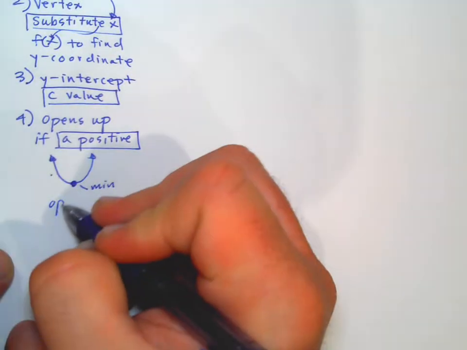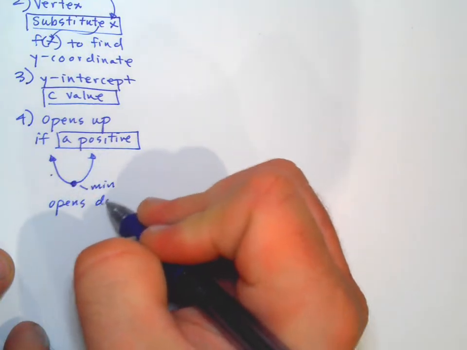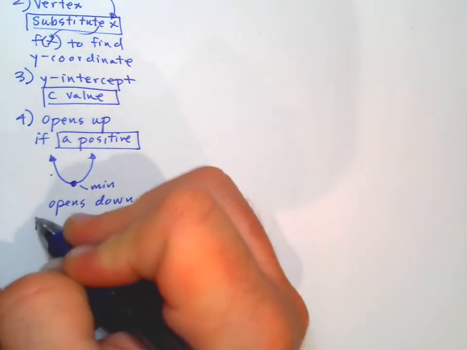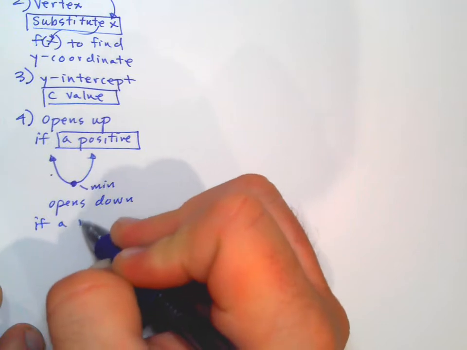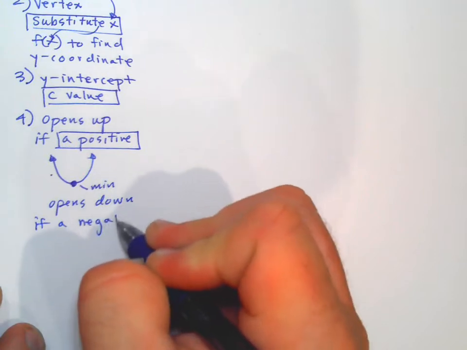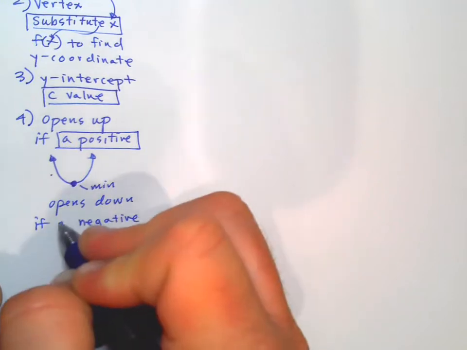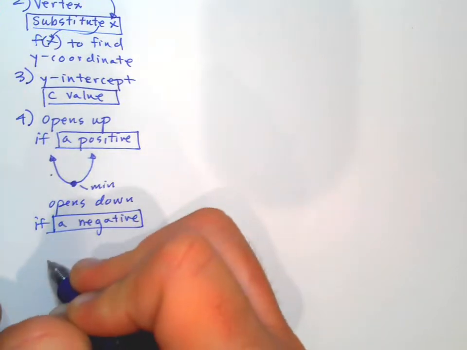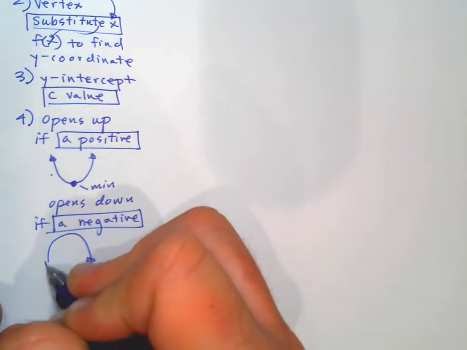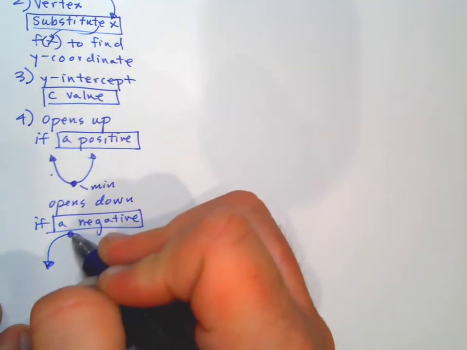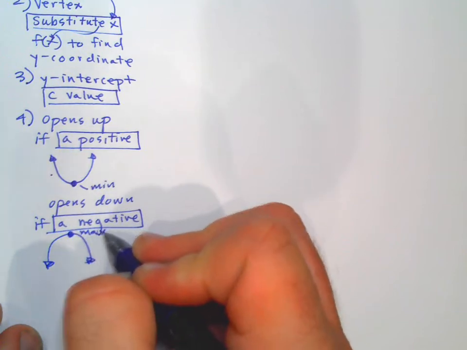It opens down if a is negative. And if it opens down, it's like this. It's going down, and the vertex up here at the top is the maximum, the highest point on the graph.